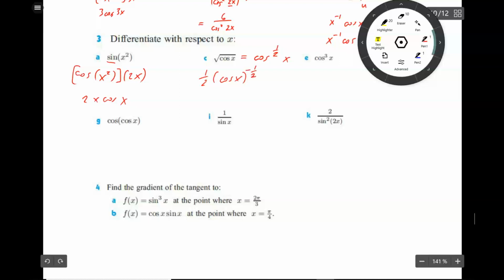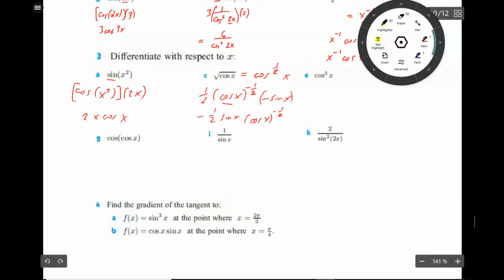And then we would need to take the derivative of the inside function, which would be negative sine x. So if I rewrote this, it would be negative 1/2 sine x times cosine x to the negative 1/2. And if you wanted to, you could put cosine of x in the denominator and make it a positive 1/2 exponent, but not necessary.